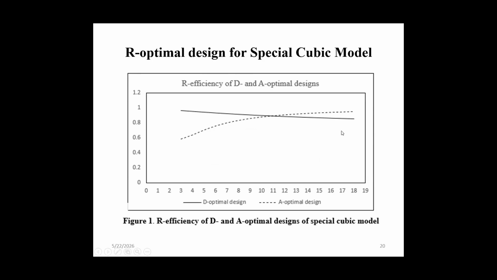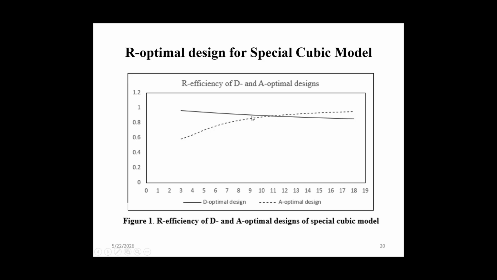So this is just a graphical picture where we are trying to see how the D- and A-optimal designs perform with reference to R-efficiency value. It is interesting to see that from q equal to 3 to 11, the D-optimal design has higher R-efficiency value, and after 11, the A-optimal design performs better than the D-optimal design.